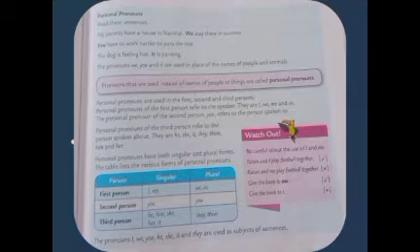In personal pronouns there are first person, second person and third person. What is first person? First person refers to the speaker. Who is speaking? I am speaking now. So I am called the first person.